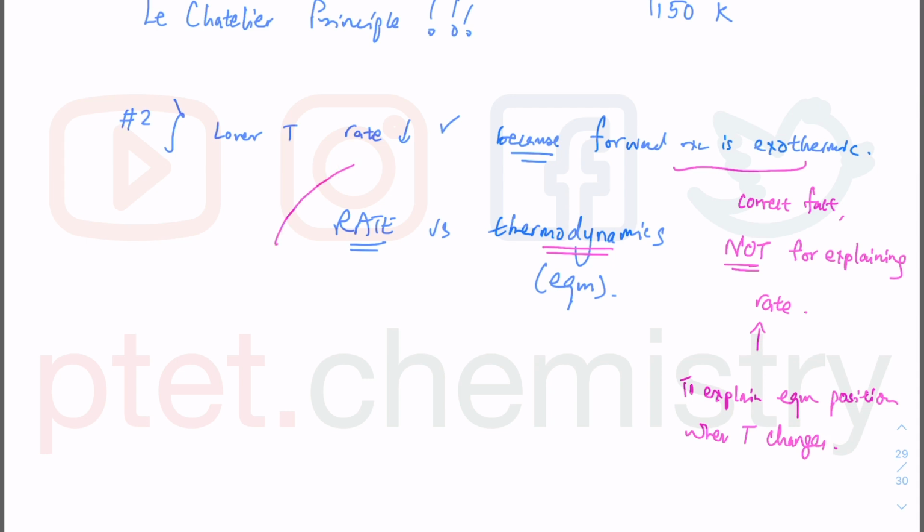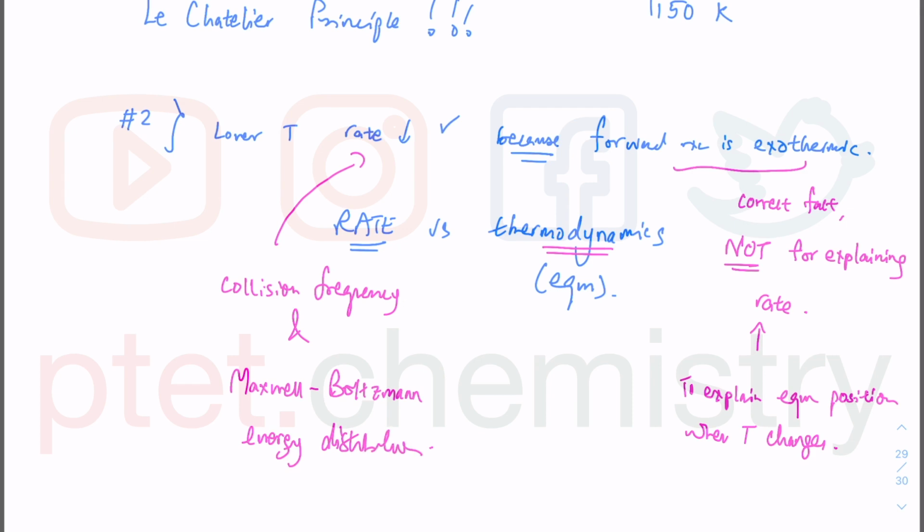In order to talk about rate, we need to talk about collision frequency, and also in AS level, you got to talk about the Maxwell-Boltzmann energy distribution. So because the reason is already wrong, they talk about equilibrium position, equilibrium yield as a reason here, giving forward reaction is exothermic. It can't be used to explain rate.